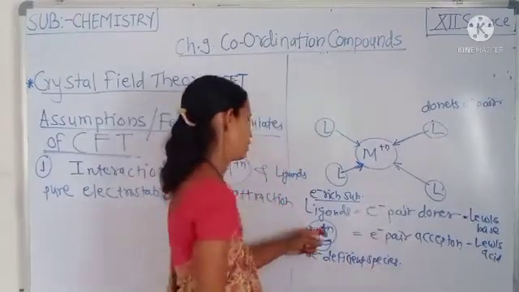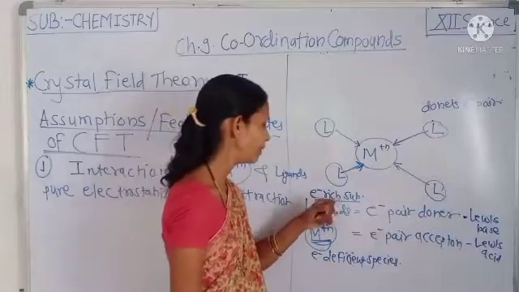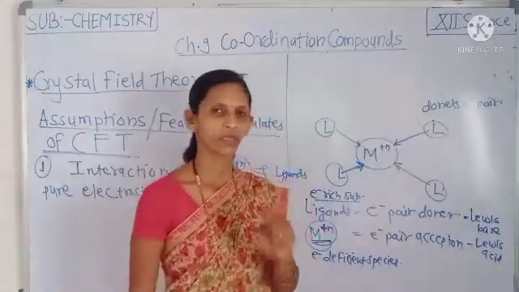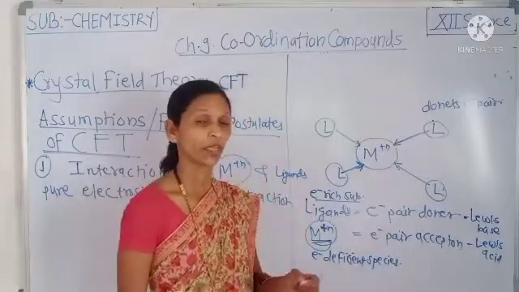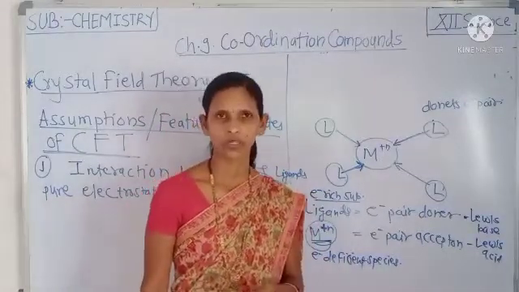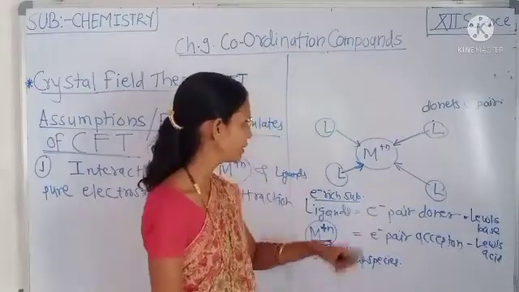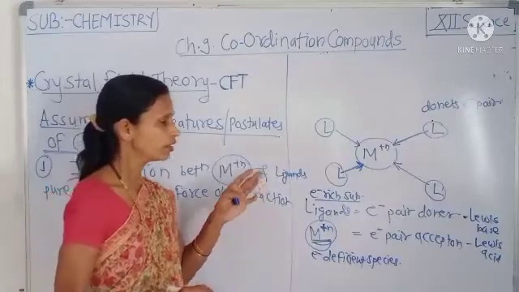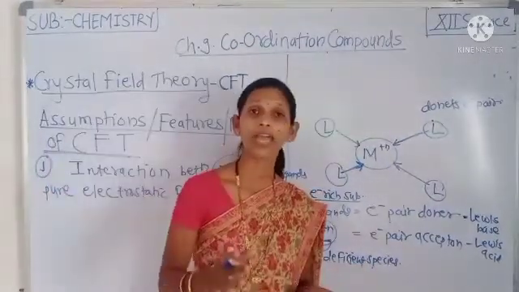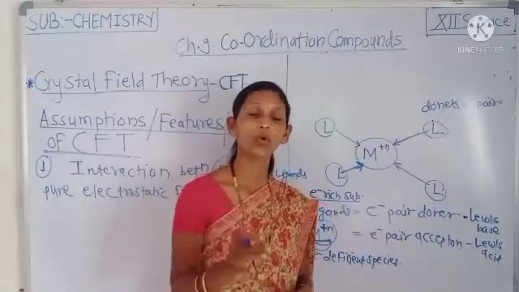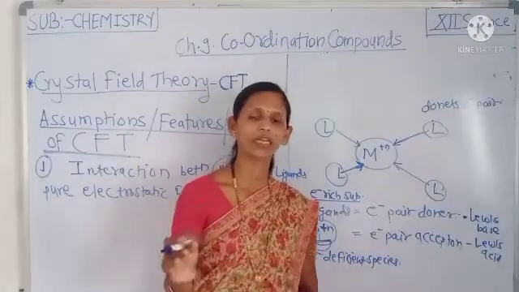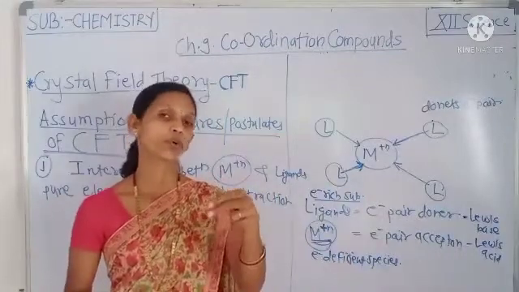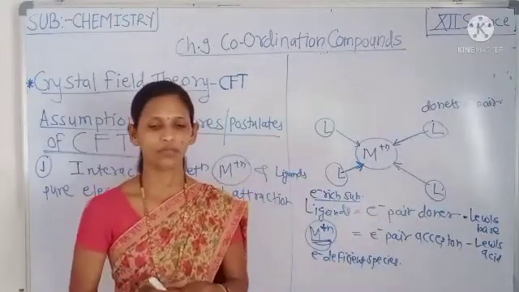Therefore, between metal ion and ligands, an ionic bond should be there. This theory explains the electrostatic force or interaction between metal ion and ligands. This assumption explains the ionic nature of coordinate bond formation between metal ion and ligands, but it cannot focus on the covalent nature of the coordinate bond.